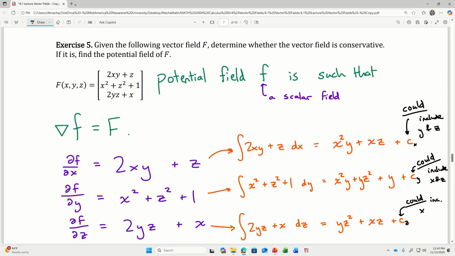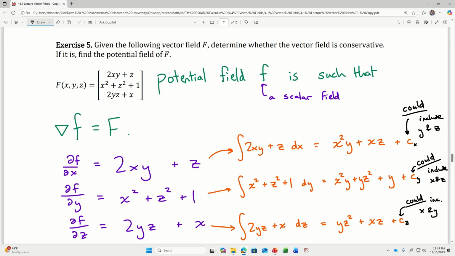include x and y. And so now under this kind of inspection, we say, all right, x squared y plus xz plus some terms that could include just y and z but no x's. And so terms like that might be like yz squared plus y. Do you see what I'm saying?